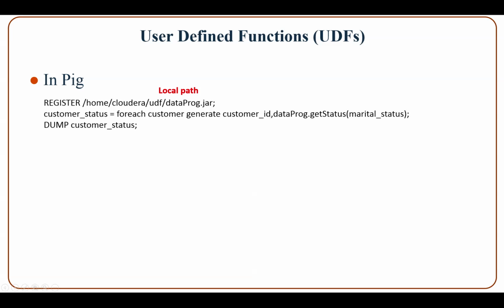Then this would return the complete status, such as marriage, single, or divorced, and then dump the data. So the result is in customer status, and then it's dumped to the screen.